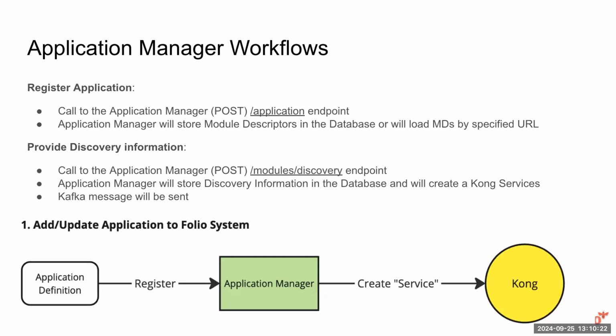Application manager will store this information in the database, but also will create Conch services automatically and send a Kafka message to sidecars with a message that, okay, now you should be aware of this service. It was deployed. We have discovery for this service. Please store this information for your internal usage. So pretty streamlined: we register the application definition in application manager and Conch services will appear.